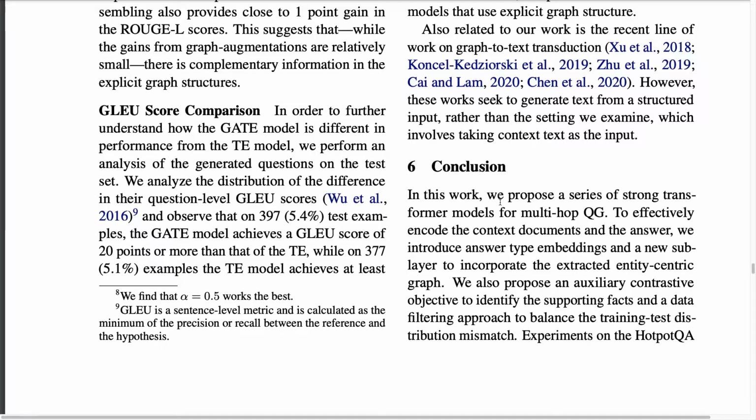And another one using an additional input, basically a graph extracted from the entities of the articles. It seems that both are performing comparably, with the graph model having a small edge, but it's quite promising to see also that the transformer model without any extra graph information is able to perform quite well.